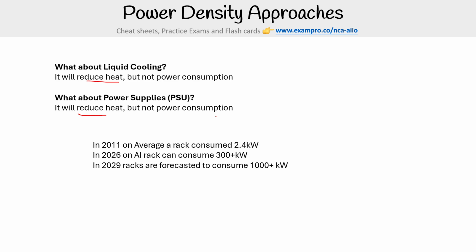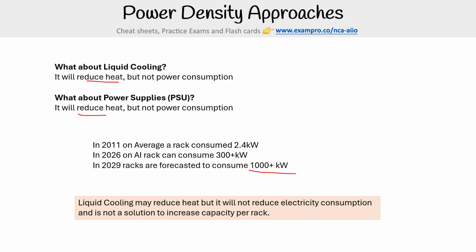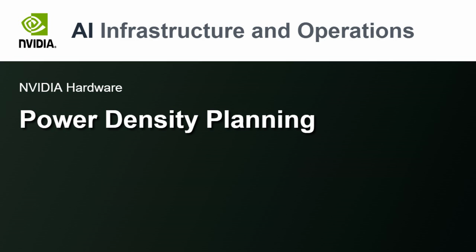And then in the future, we have a forecast of 1,000 kilowatts. So you can see that things are going up insanely fast, okay? And speaking of liquid cooling, it may reduce heat, but it will not reduce electricity consumption and is not a solution to increase capacity per rack. So what am I trying to get across? It will not reduce power consumption. So there you go.